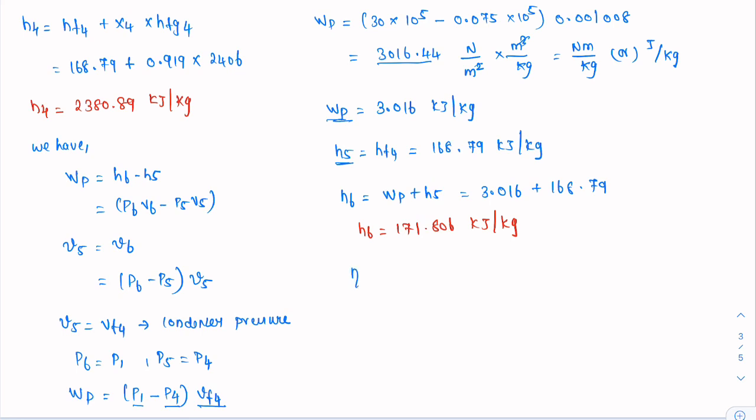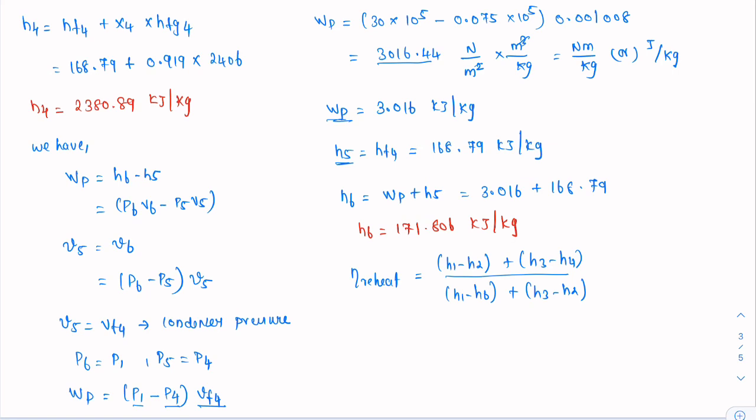The efficiency of the reheat Rankine cycle is equal to H1 minus H2 plus H3 minus H4, divided by H1 minus H6 plus H3 minus H2. We have all the values, and substituting them in this equation, you can find the efficiency.